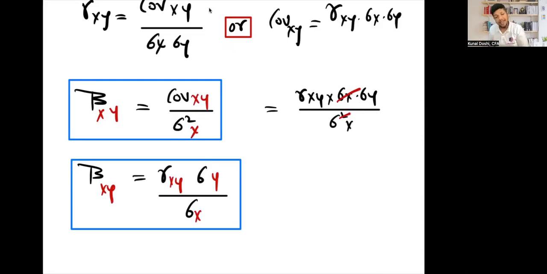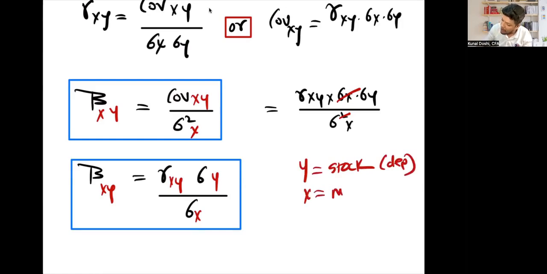Covariance over variance of X, or, if they give you correlation, correlation into standard deviation of Y over standard deviation of X. Remember, Y is my stock here, which is the dependent factor. X is my market, which is the independent factor. Understood, everyone?